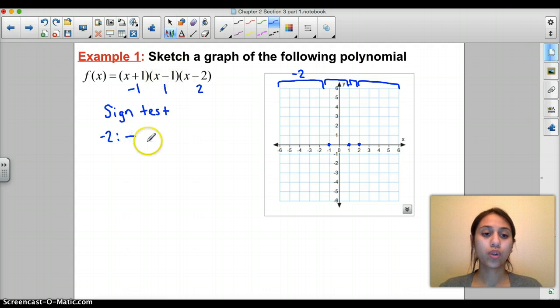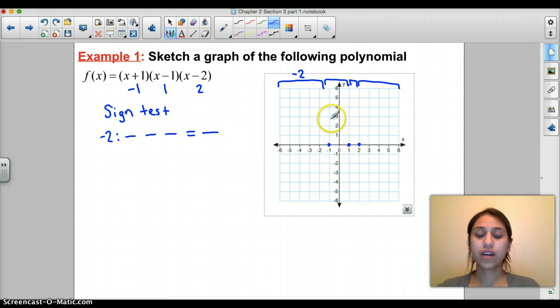Negative 2 minus 1 would also be negative. And negative 2 minus 2, again, negative. If we multiply these, negative times a negative is positive, times a negative will still give us a negative. The reason I'm multiplying these is because in the original problem, they're multiplied.